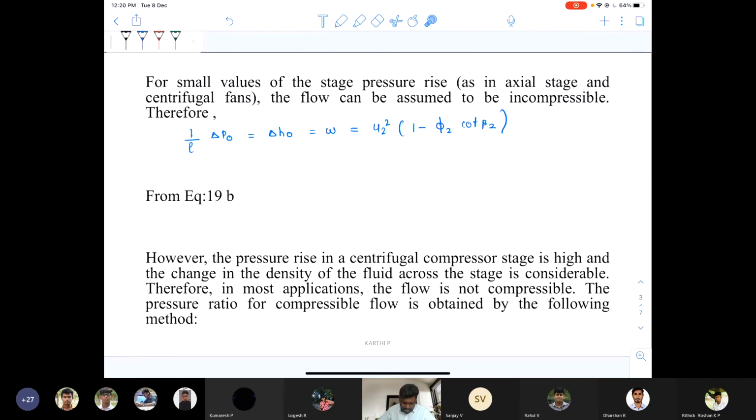If the entry and exit velocities are small, or the difference between them is negligible, then the work is the difference between the static enthalpy at the two states.